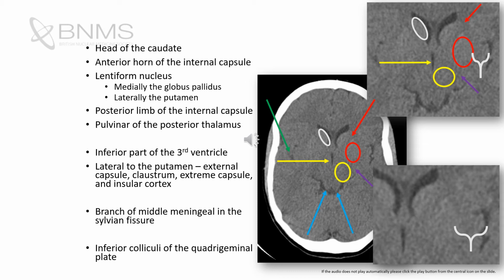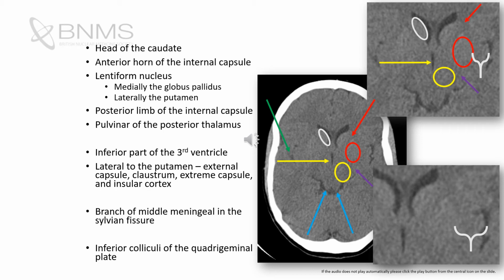The medial aspect of the lentiform nucleus is the globus pallidus, and the lateral aspect of the lentiform nucleus is the putamen. These are not distinguished on the CT scan, but the putamen shows intense FDG uptake, and the globus pallidus does not, on the FDG PET-CT of the brain.